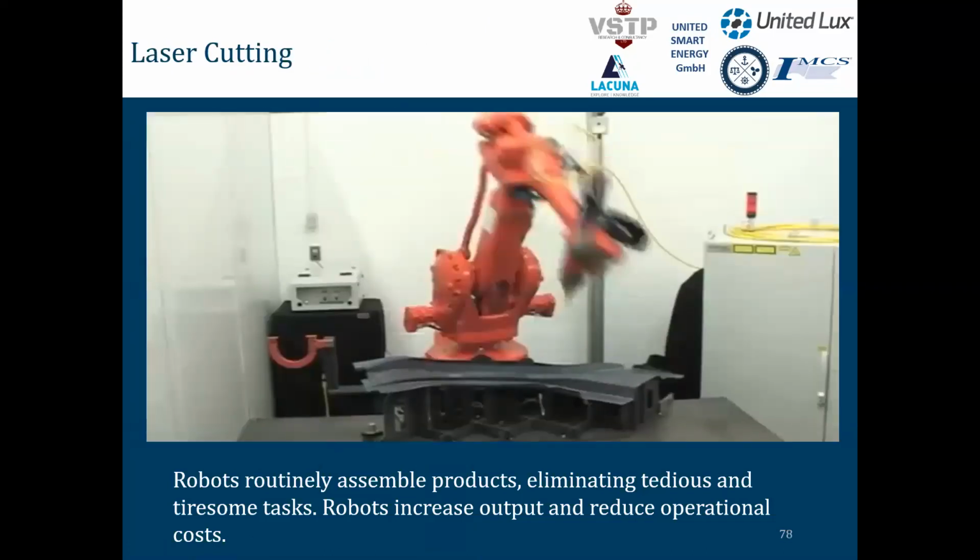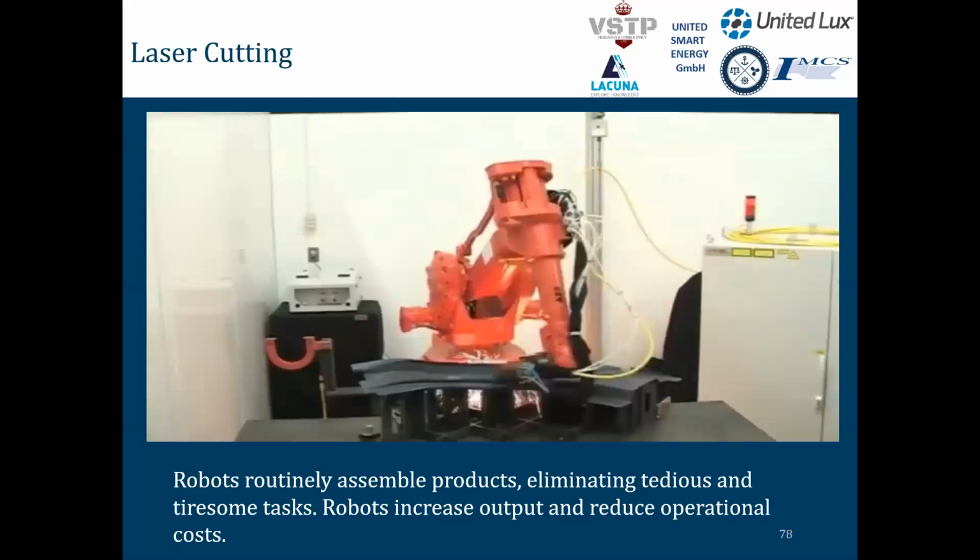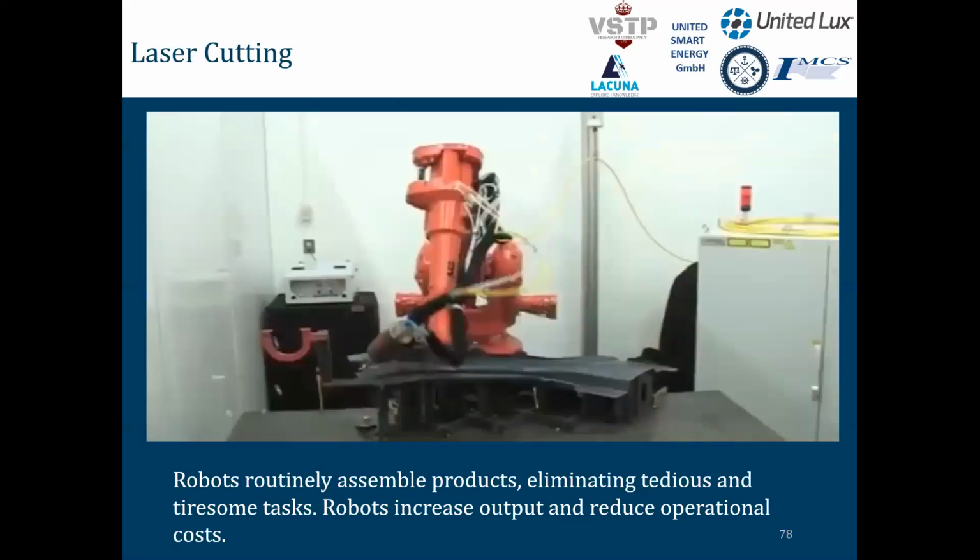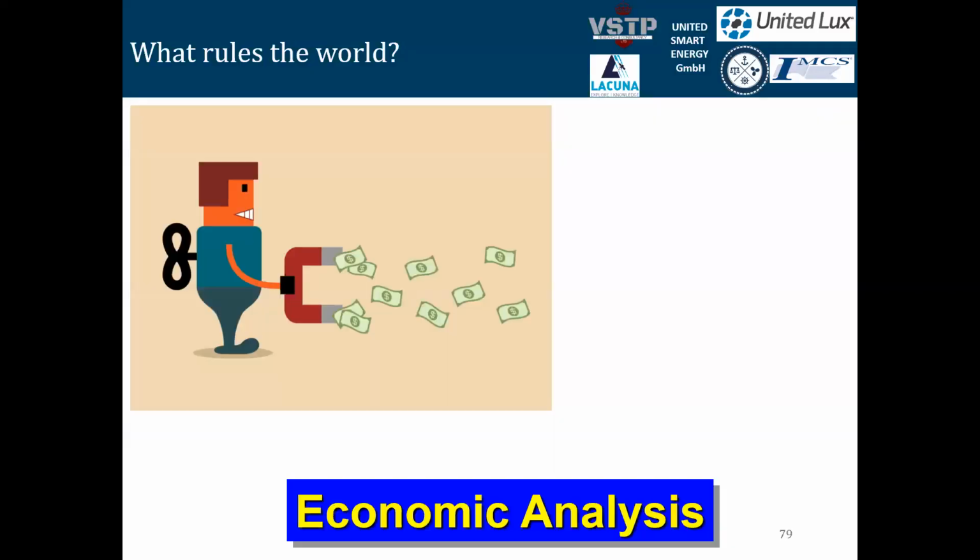Or with laser cutting, you see how quick it is. A human cannot do the same in this short time. I've also seen that the robot is more precise, which is often one of the main drivers.